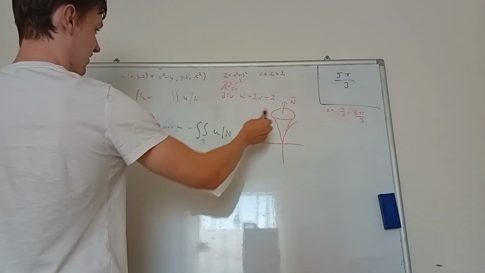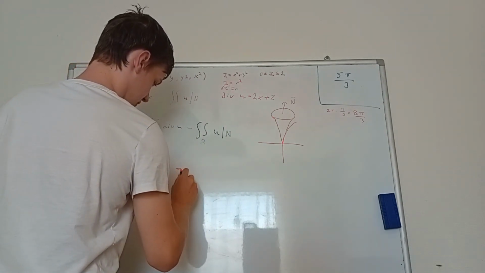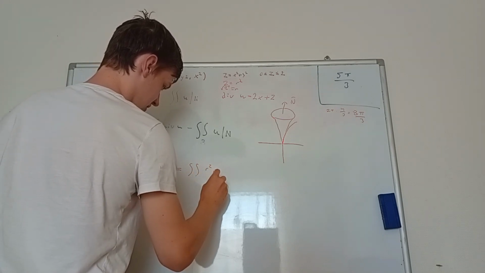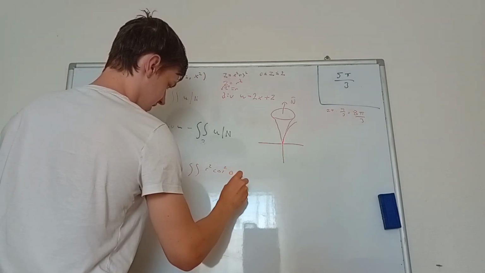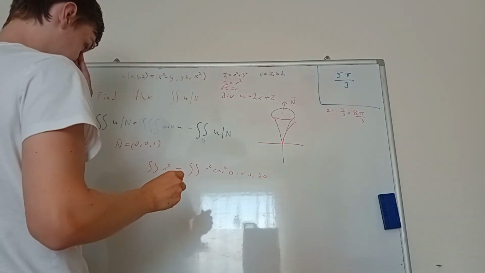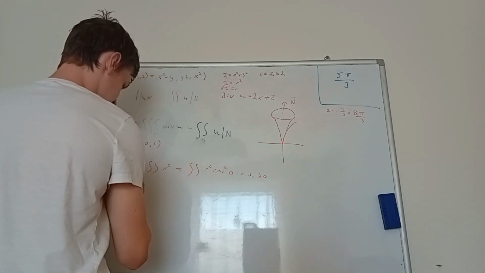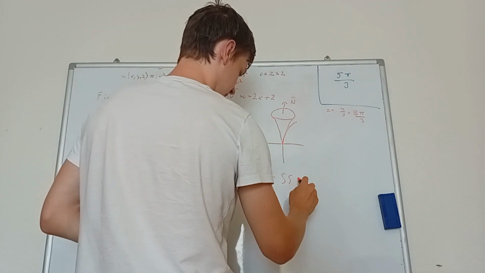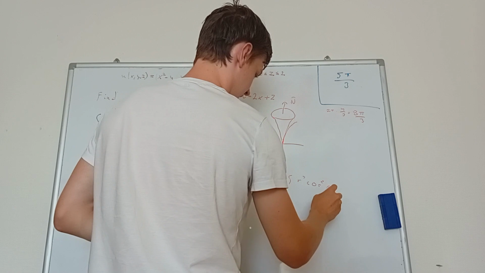And since it's a circle, we have to change the coordinates, and we get the double integral of r squared cosine squared theta times r dr d theta, just like before. So this is the same thing as the double integral of r to the third cosine squared theta.